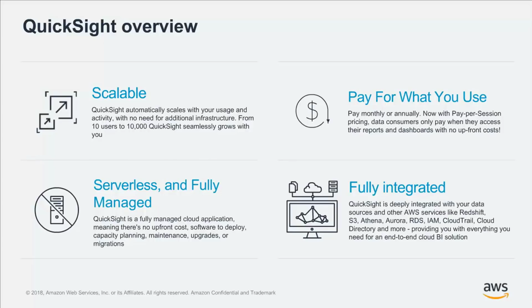So QuickSight, as a completely hosted solution, has all that scalability built into it, and it just grows with you as you need it to, without really you having to do anything.